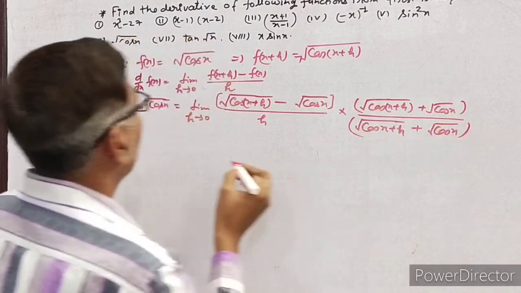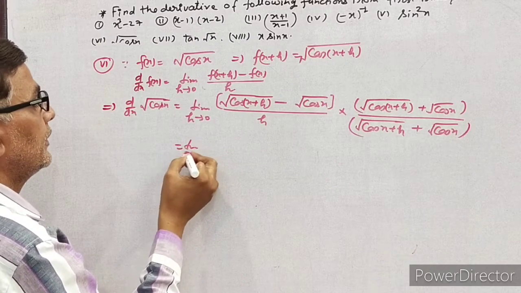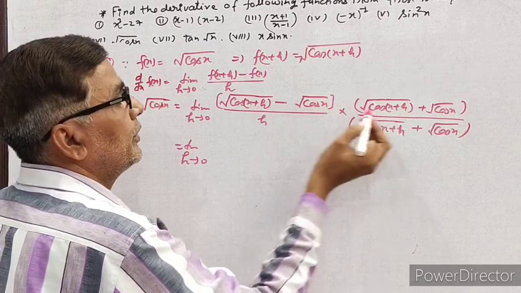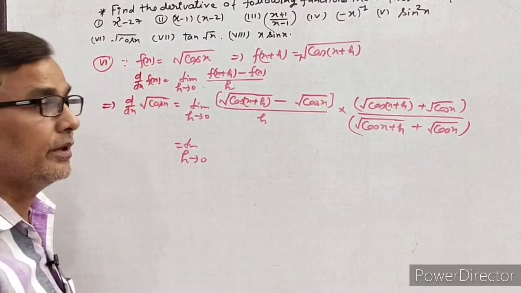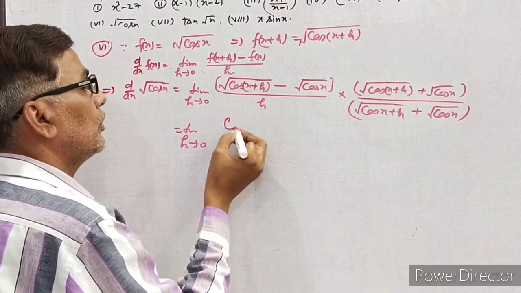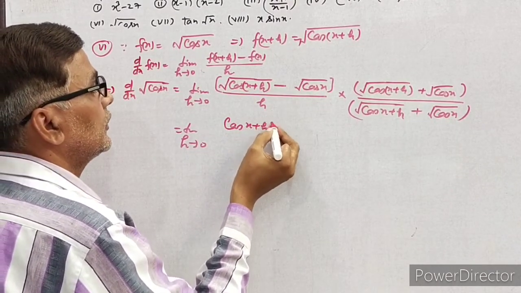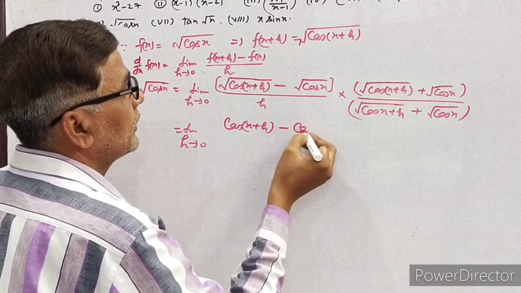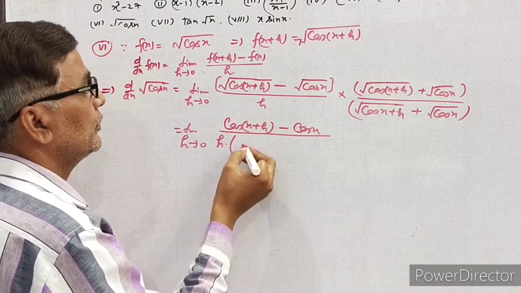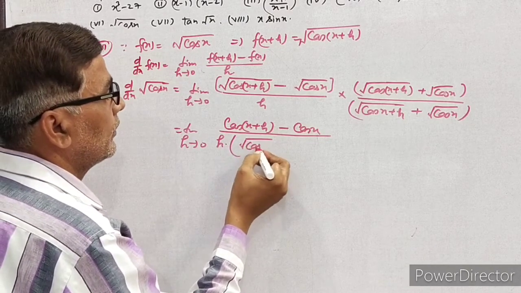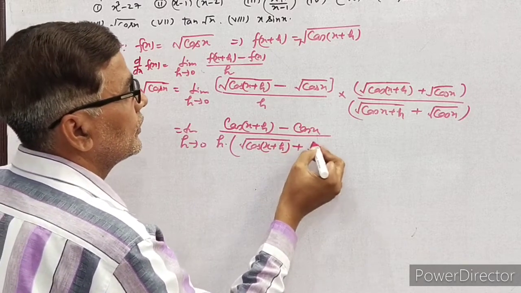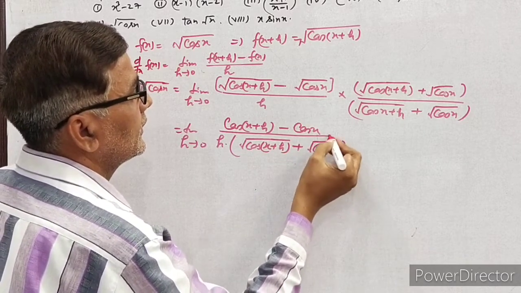So we have here limit h approaches to 0. Now we know that (a minus b) into (a plus b) becomes a square minus b square. So on squaring this part, we have cos (x plus h) minus cos x upon h into square root of cos (x plus h) plus root cos x.